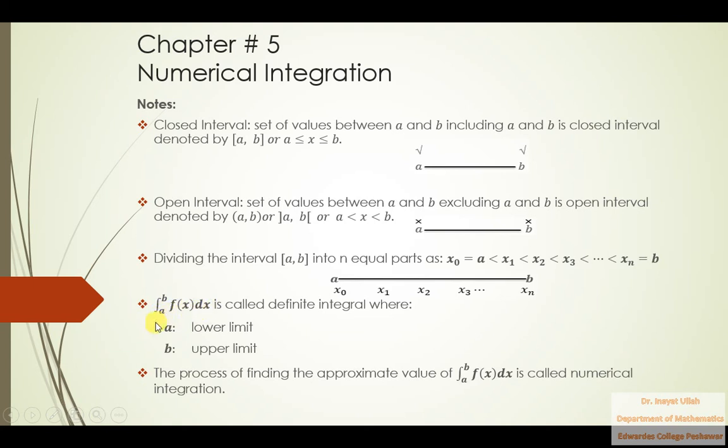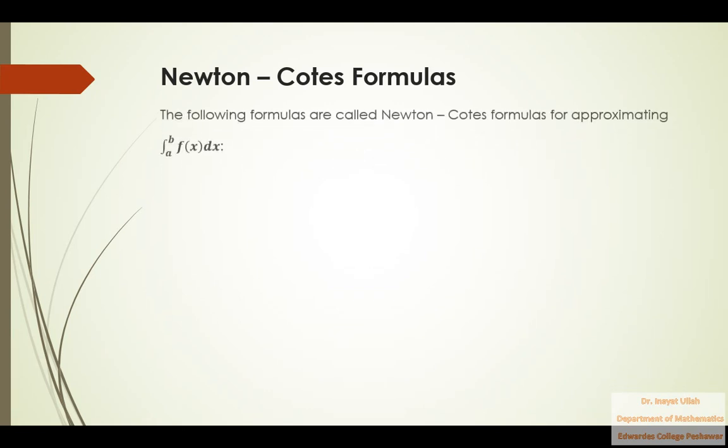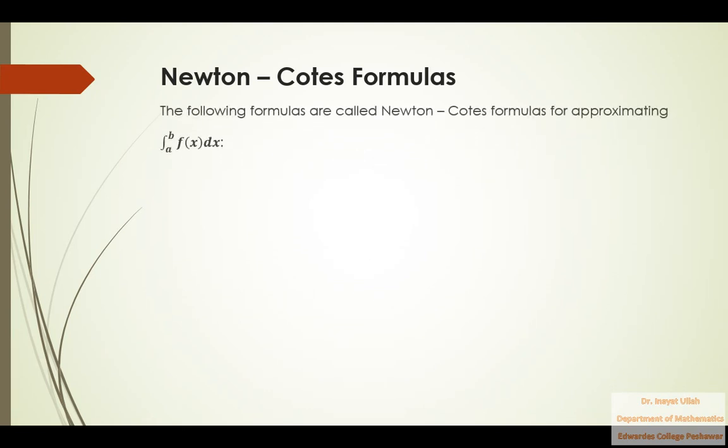Throughout this chapter there are some certain techniques, and those techniques are called Newton-Cotes formulas. Remember that. The following formulas are called Newton-Cotes formulas for approximating the value of this definite integral.